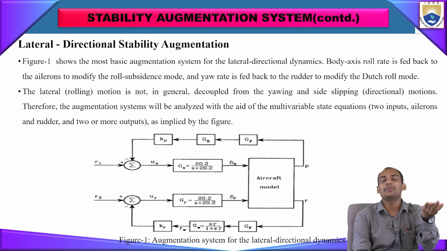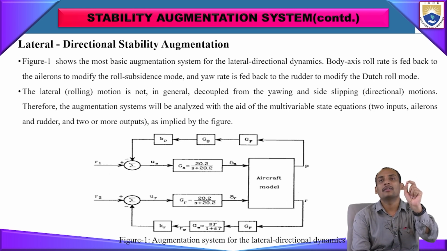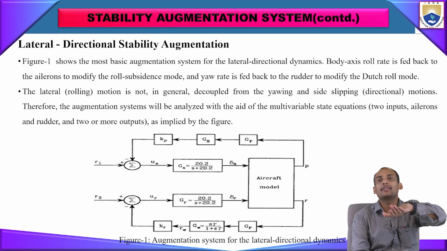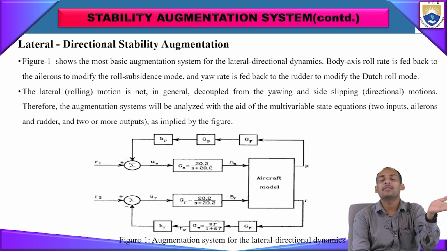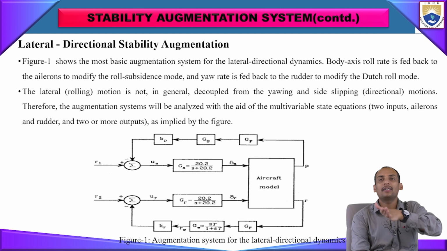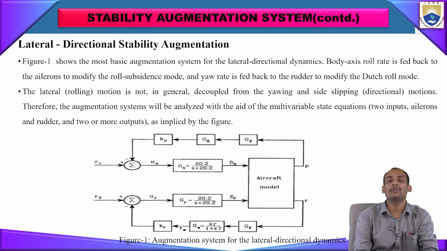For that, the elevator should come to its neutral position, and when it does, the whole aircraft should also come to the stable condition. Then only will the aircraft fly easily, and the total control over the aircraft stays with the pilot.